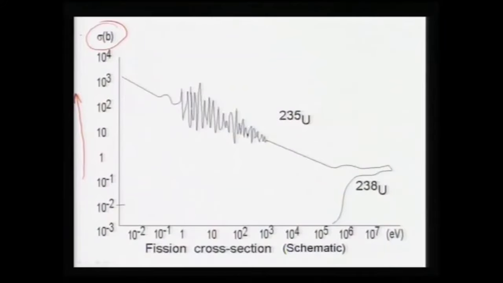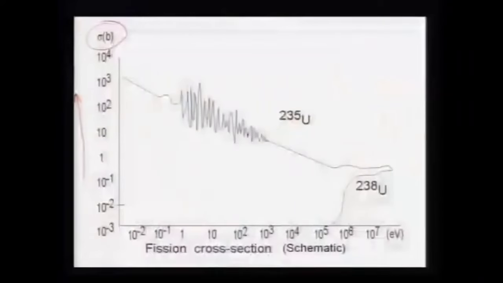This reaction probability is decided by the reaction mechanism, and this probability is measured in terms of these cross sections. So, this is the cross section, and the horizontal side is the kinetic energy of the neutron in electron volts. Both these axes are logarithmic.